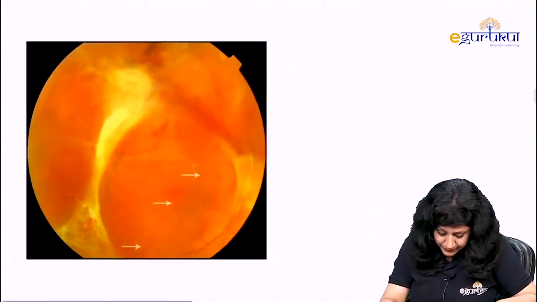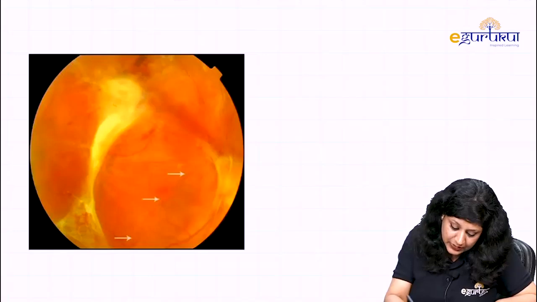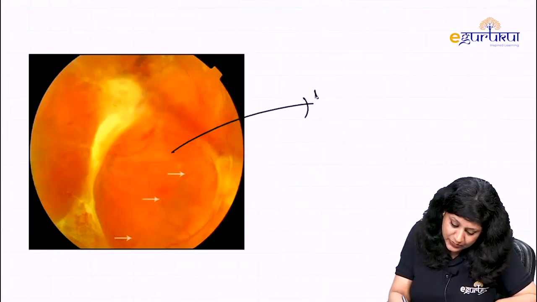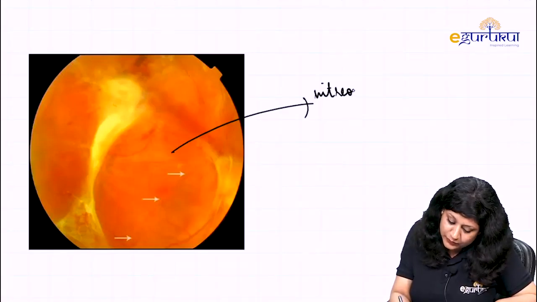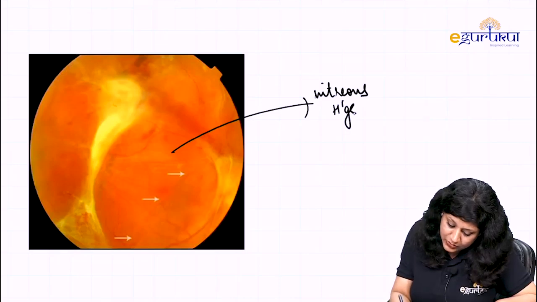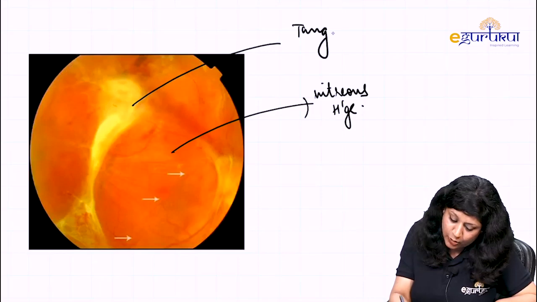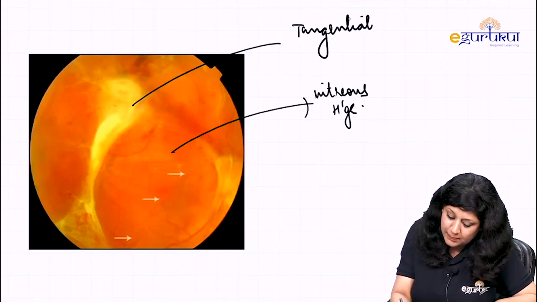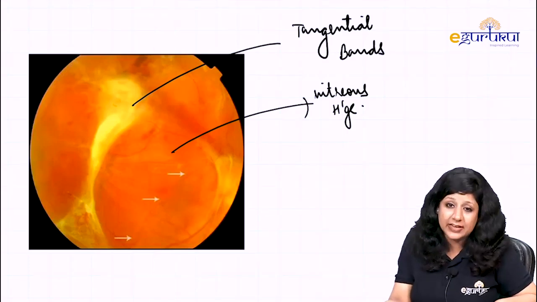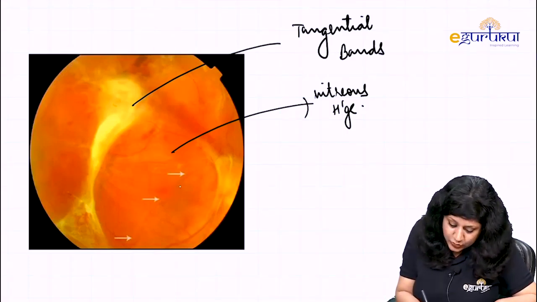Now see here, this is a picture showing you the vitreous hemorrhage. Because of this vitreous hemorrhage, tangential bands are formed in the vitreous cavity, and they can lead to tractional retinal detachment.